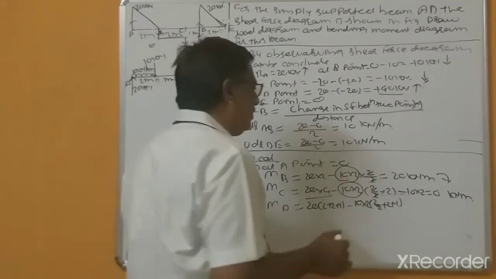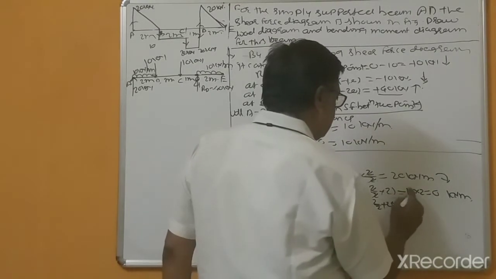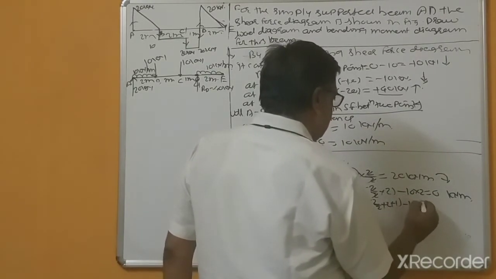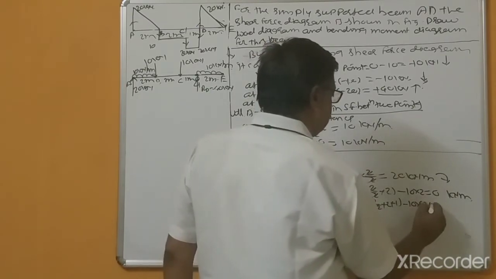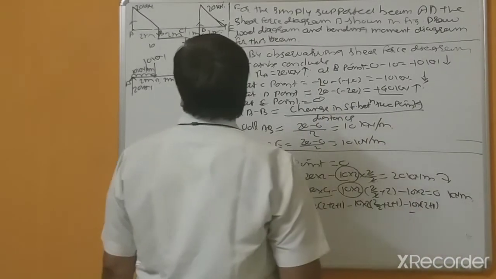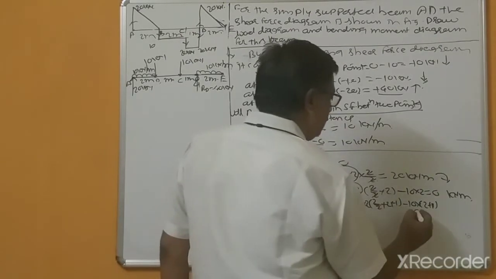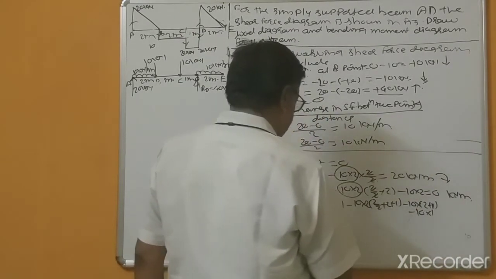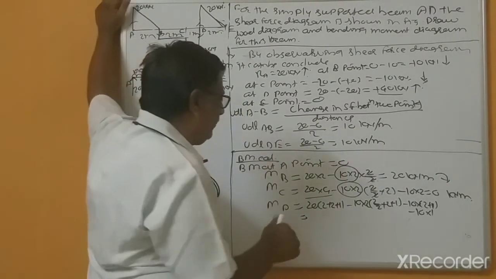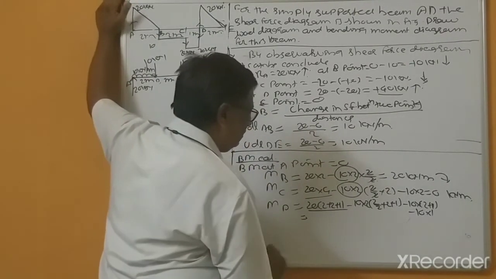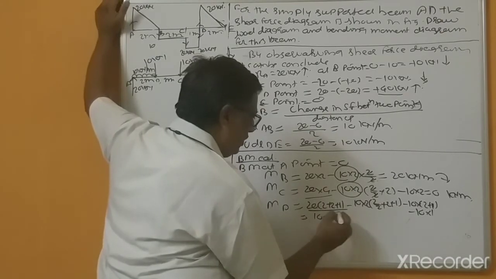So that's why minus 10 into 2 plus 1 minus 10 into 1. Right? This is 500.